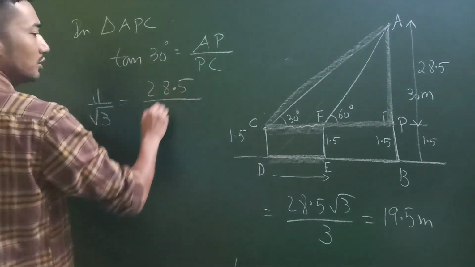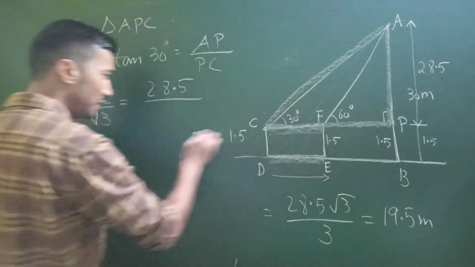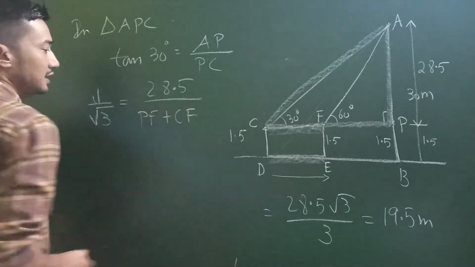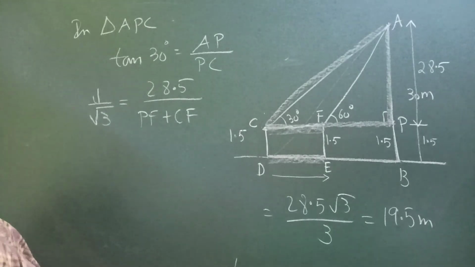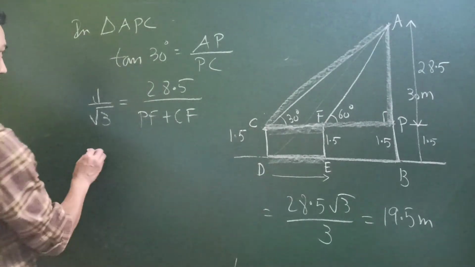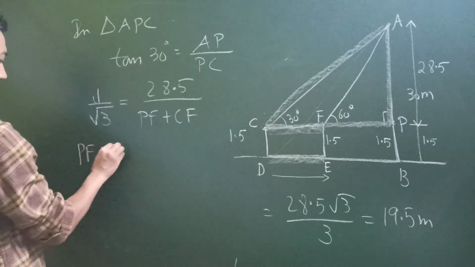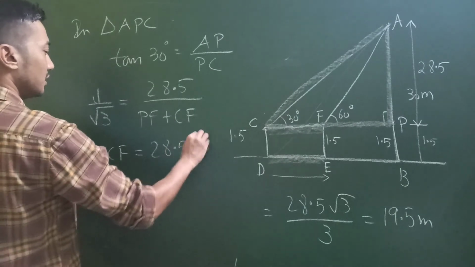PC, we do not know, but see, what is our job here? Our job is to find out CF, but PC can also be written as PF plus CF. No problem there. So I'll just cross multiply for now. PF plus CF equal to 28.5 root 3.